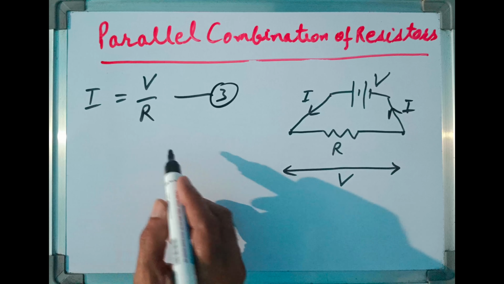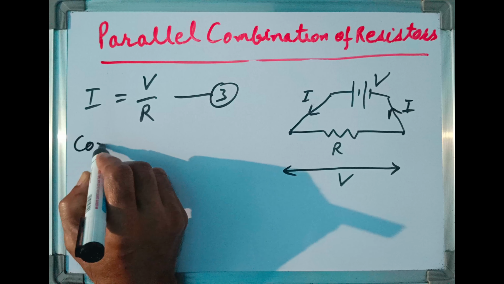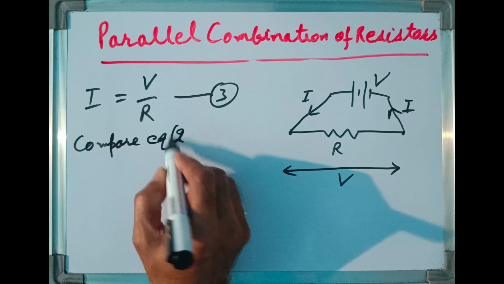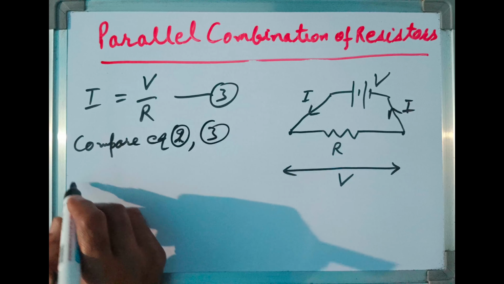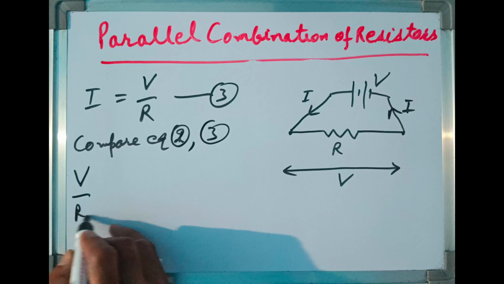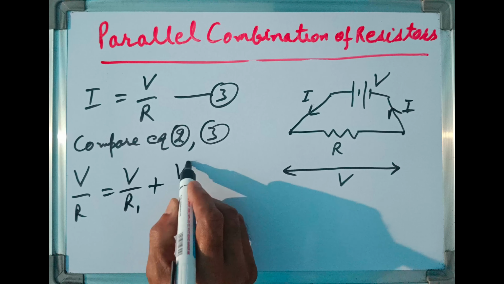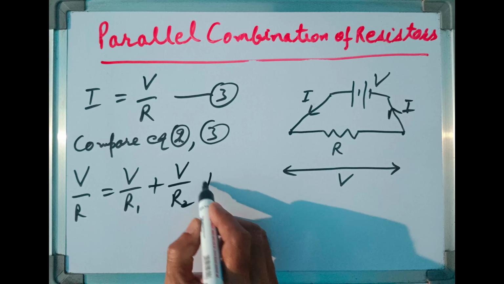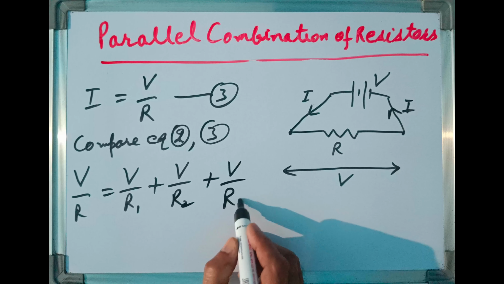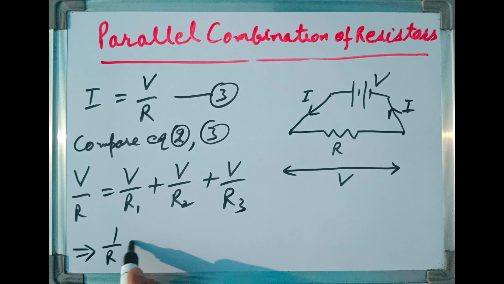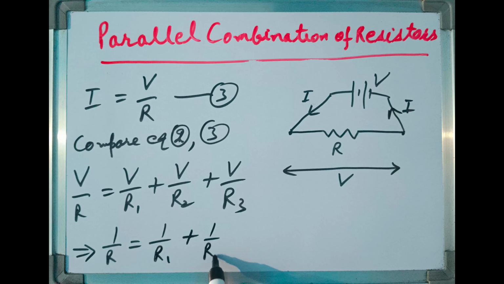Now comparing equation 2 and 3, I can write V upon R is equal to V upon R1 plus V upon R2 plus V upon R3. After simplifying, it will give us 1 over R is equal to 1 over R1 plus 1 over R2 plus 1 over R3.